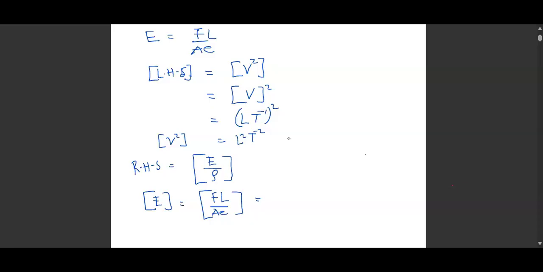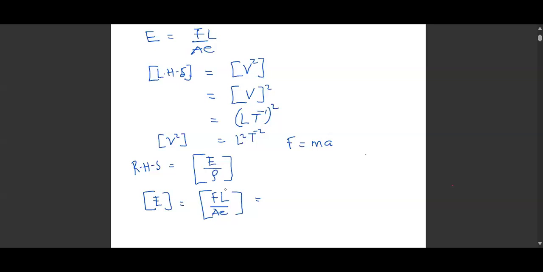Now, force is given by mass times acceleration, whereby dimensions of mass here is supposed to be capital M. Acceleration, the units are supposed to be meters per second squared, whereby meters is L. Then because it is per second squared, it will become T power negative 2.